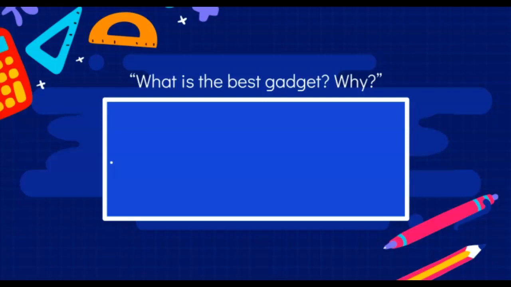The best gadget that I'm able to buy is my life. That's not a gadget. And you're not raising your hand, so you cannot just scream. The best gadget I was able to buy for my kitchen is a rice cooker and an air fryer. It helps me cook fast.